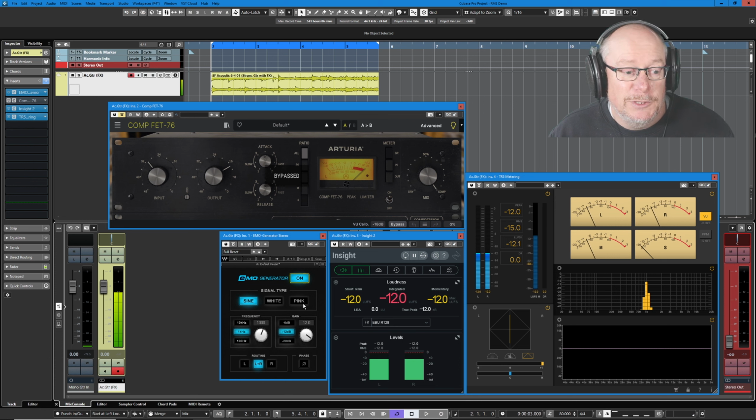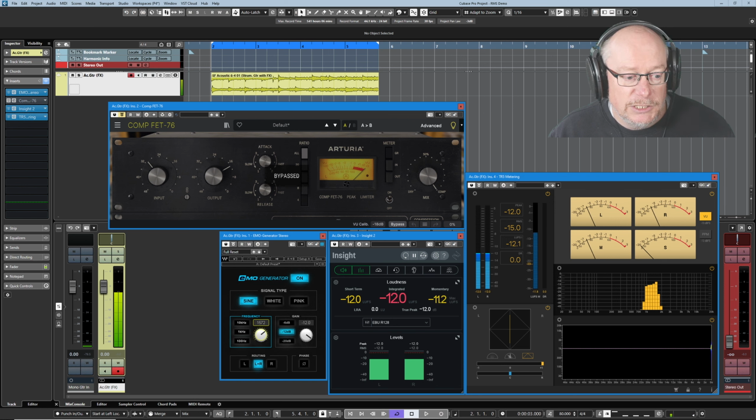All I have to do is change the frequency of this sine tone generator, and these numbers are going to go wrong. So let's turn it randomly up to 2386. That's as good as anything else. I'll reset my meters. And now they're going to settle out at -9.3 loudness units.